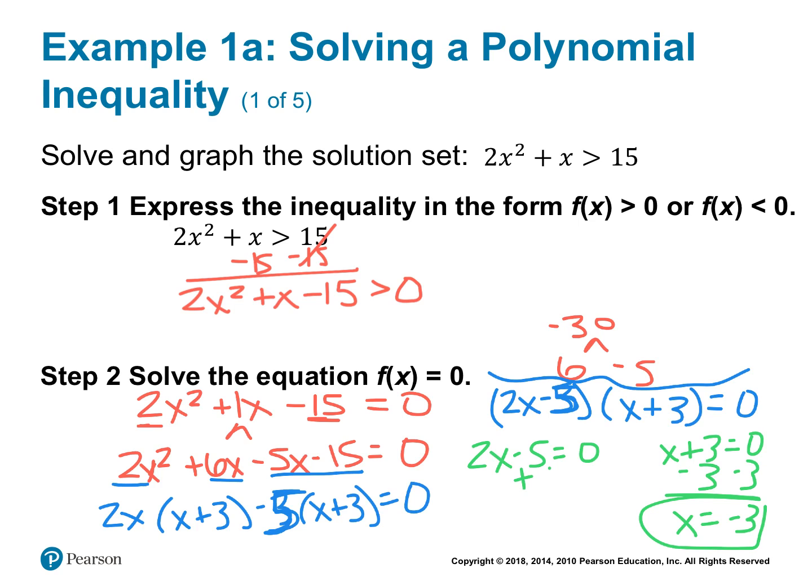The other one would be plus 5. 2x equals 5. Divide by 2. You get x equals 5 over 2, which would be 2.5 on a number line. So those are going to be our x-intercepts, and we will use those x-intercepts as our boundary points.